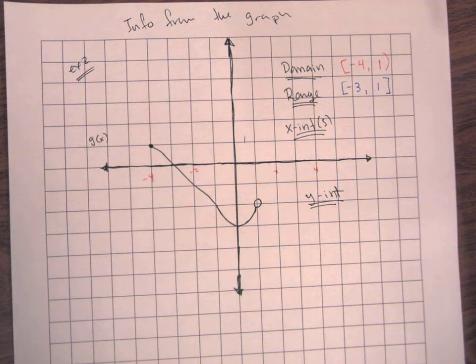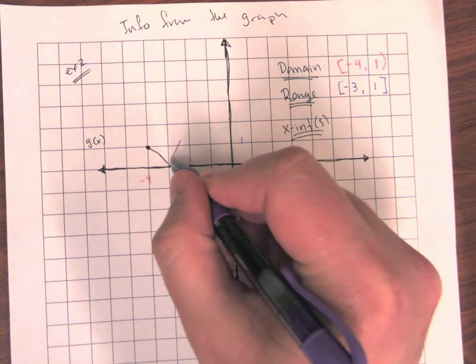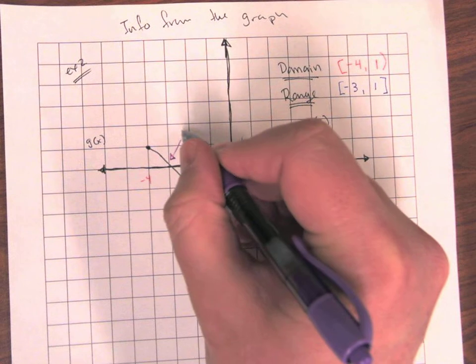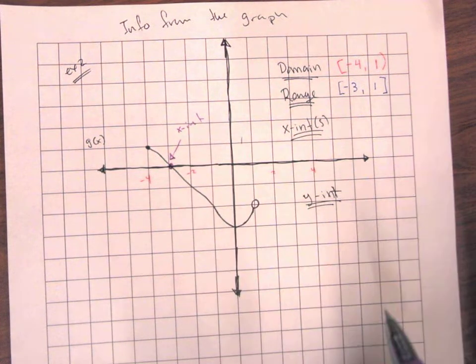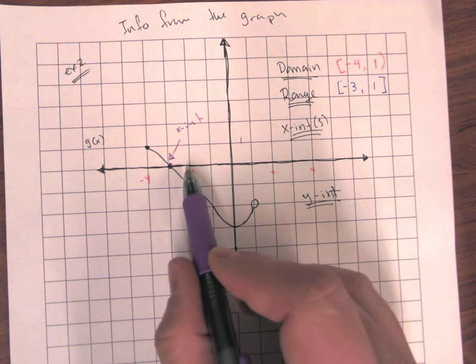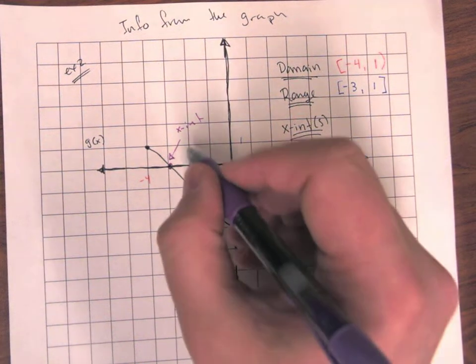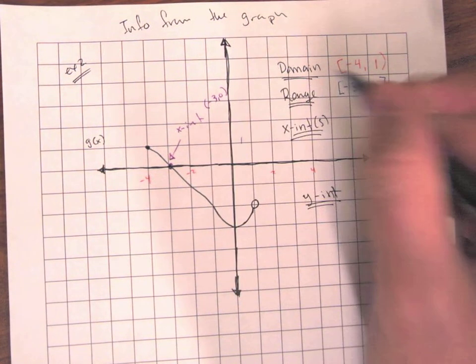In this case, we do, actually, right? So we do cross the x-axis over here. This is going to be our x-intercept. So the x value here is back 1, 2, 3. So this is at -3, 0.